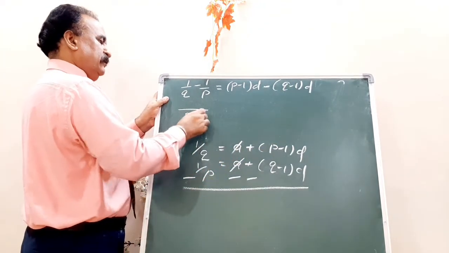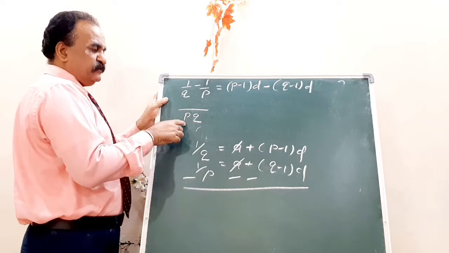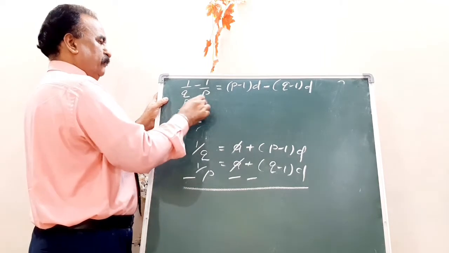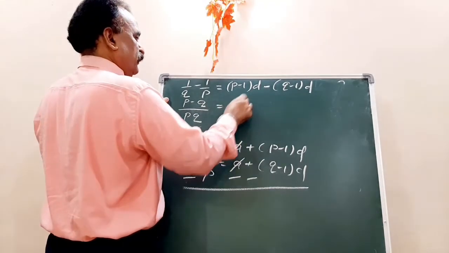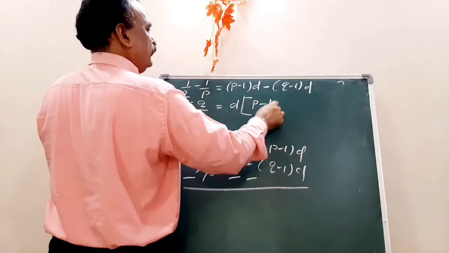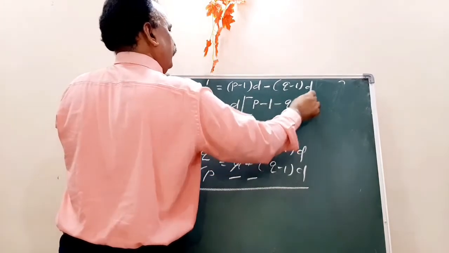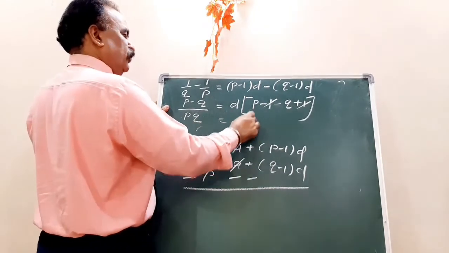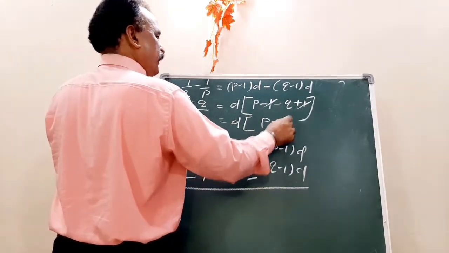LCM is pq. Q divides pq, you will get here p. So p minus q upon pq is equal to d common in the bracket, p minus 1 minus q plus 1. Plus 1 minus 1 cancel. So d into bracket p minus q.